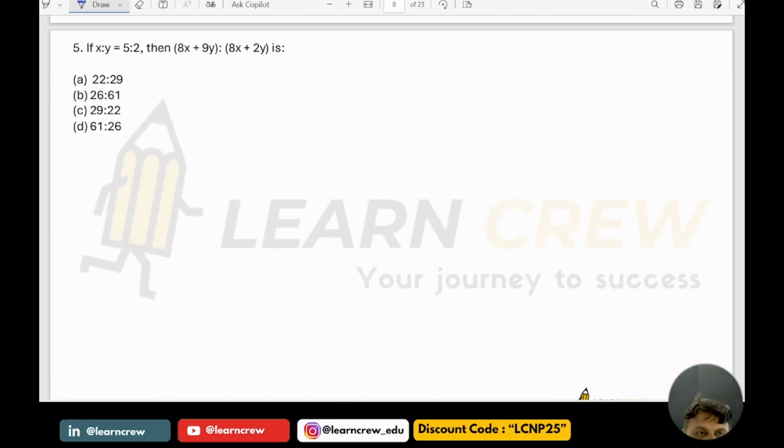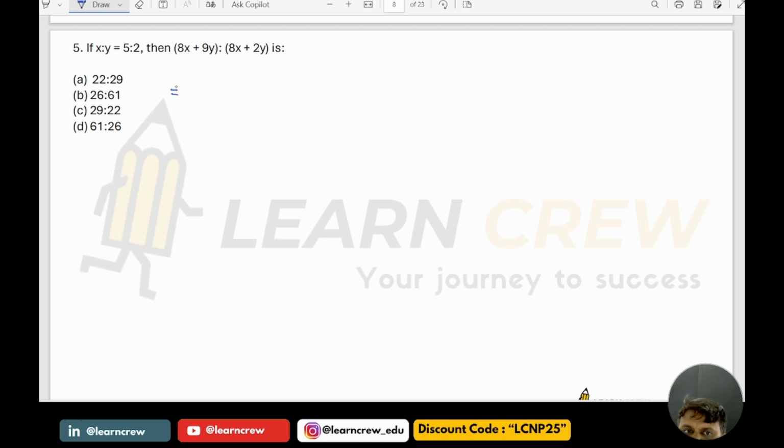Now question number 5. X is to y is equal to 5 is to 2. Then what is the value of 8x plus 9y is to 8x plus 2y? Please see, it is a very basic question. If x is 5, y is 2. That is the meaning of x is to y is equal to 5 is to 2. If x is 5 parts, y is 2 parts.